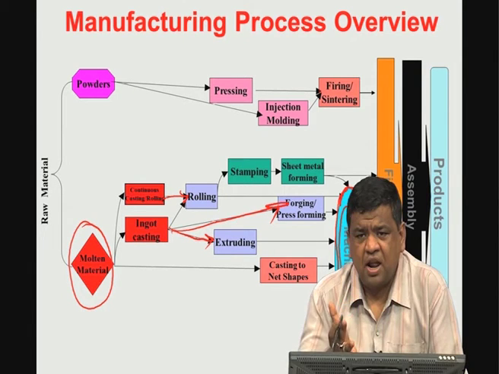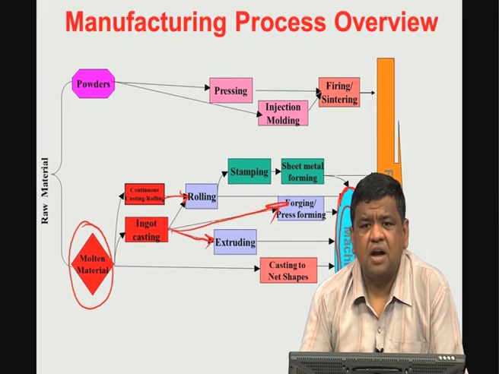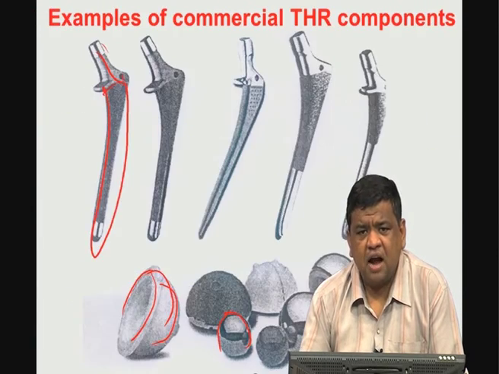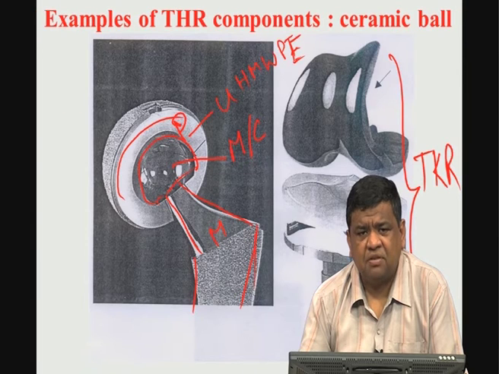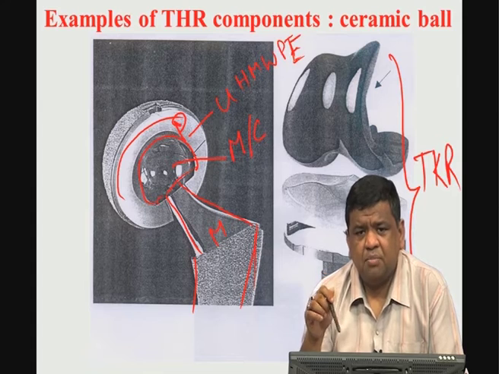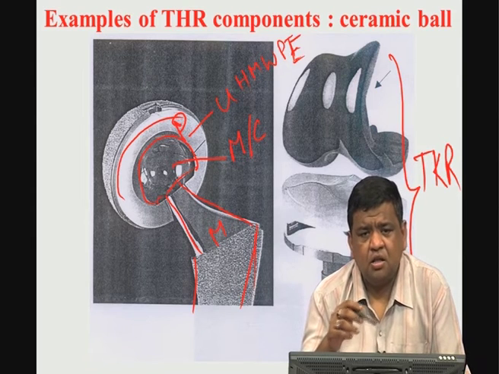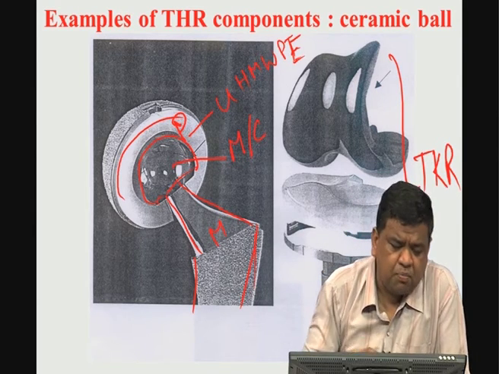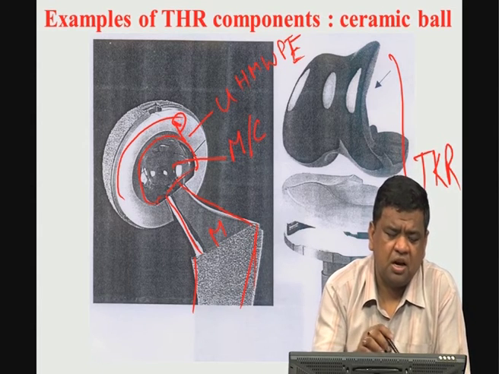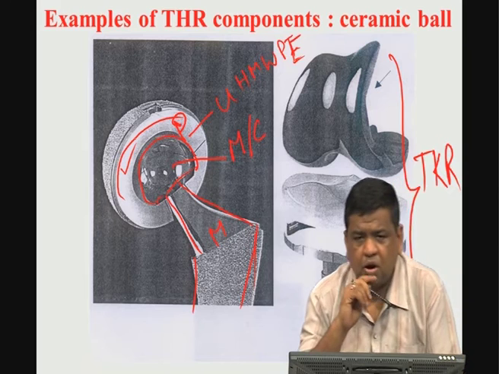Now, you have seen the ball head. This ball head typically requires polishing on the top surface, so that it does not have too much rough surface, because the rougher the surface of the ball head, the more would be the friction when this ball head will make intimate contact and will be in reciprocatory motion against this ultra high molecular weight polyethylene.